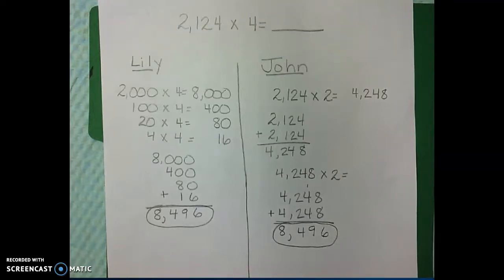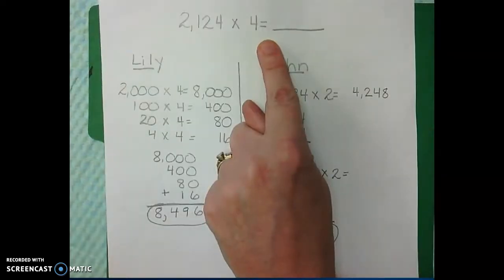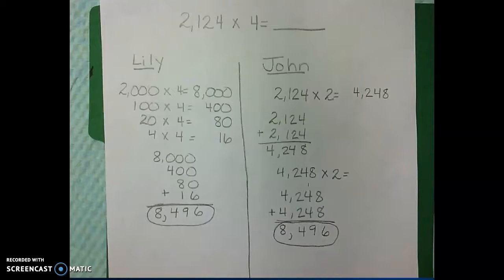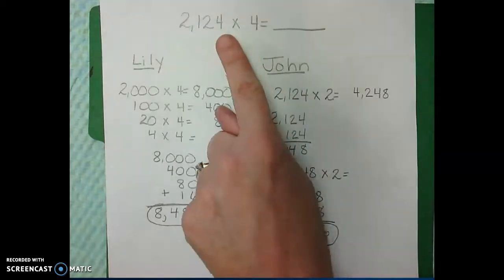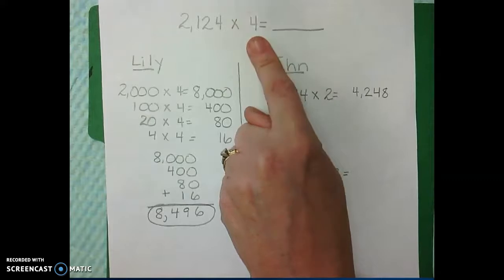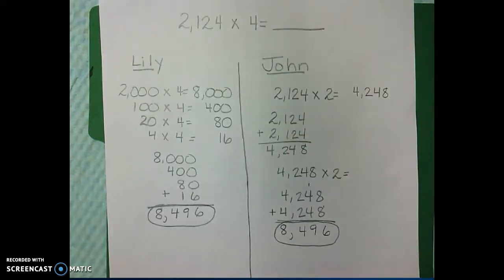Some of you may say, well, in some ways it's easier because you're only multiplying a 1-digit number. But I broke the 4-digit number into more parts, so I had all those parts to keep track of. Some of you may also say they look harder because one number is in the thousands place. But since you're only multiplying it by a single digit, it's much easier.